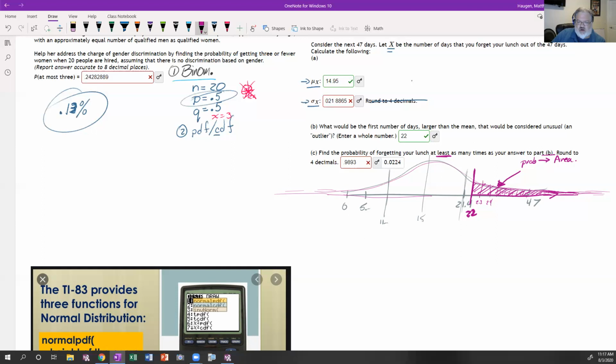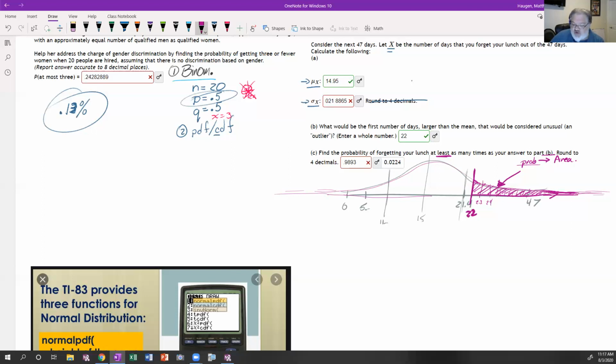And what do we know all our probabilities add up to? They add up to 1. So we're actually not only finding a probability, we're finding a physical area under that curve. So you'll start seeing that language a lot more often.